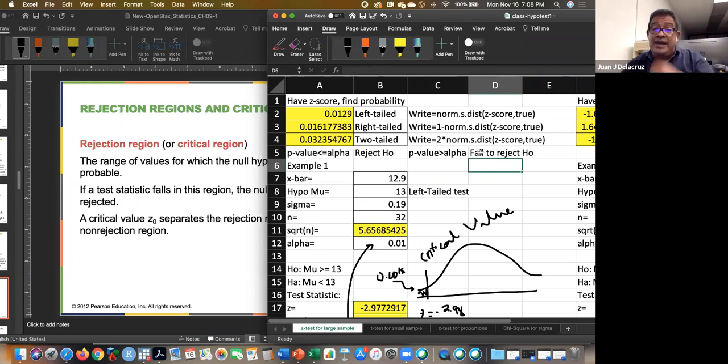Okay, so we have this type of consideration: either we reject H0 or fail to reject, because we are comparing p-values with alpha. So that is one of the rules.